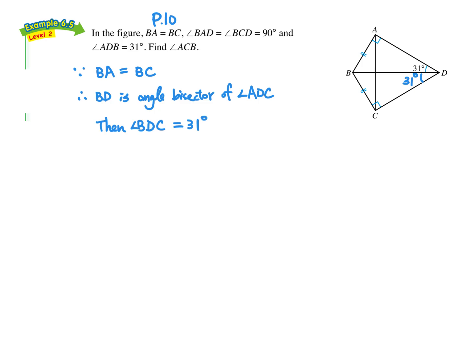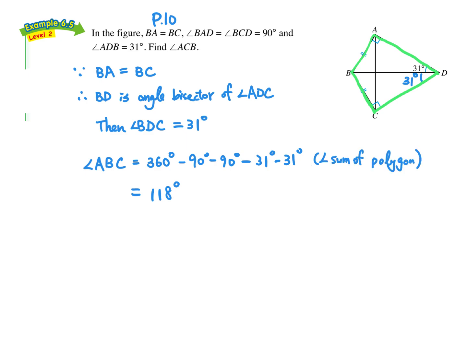And then we consider the quadrilateral ABCD. Consider the angle sum of this quadrilateral. Then angle ABC equals, and we get the answer as 62, 101, and 80, with the angle sum of polygon. And then we consider the triangle ABC, the yellow line.